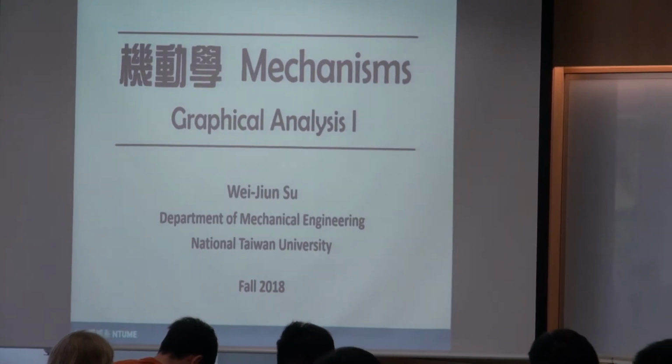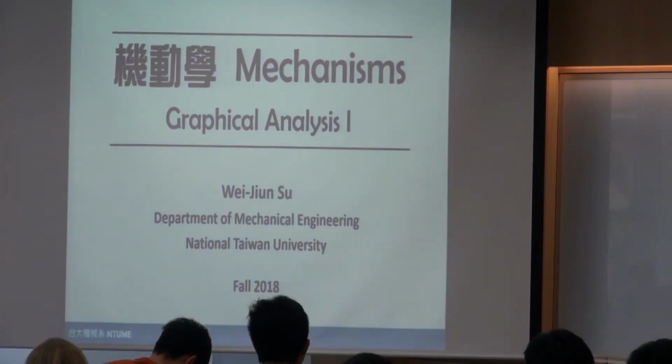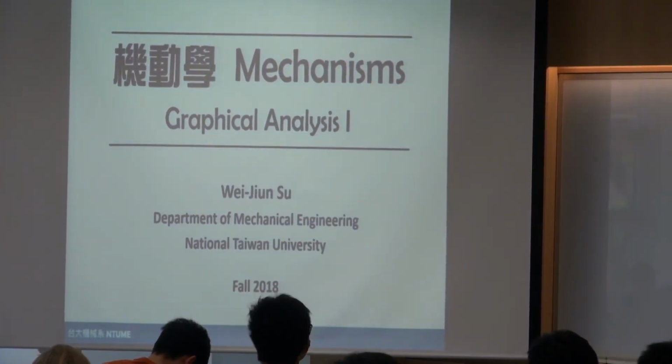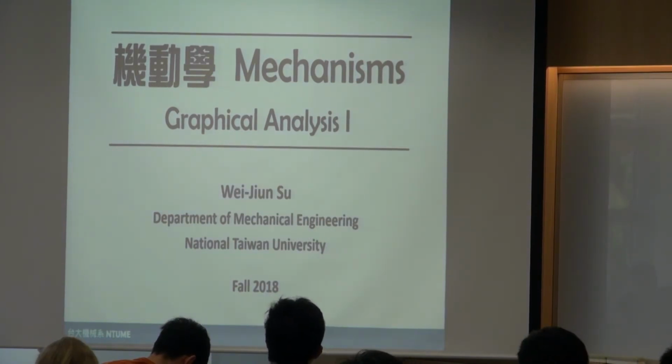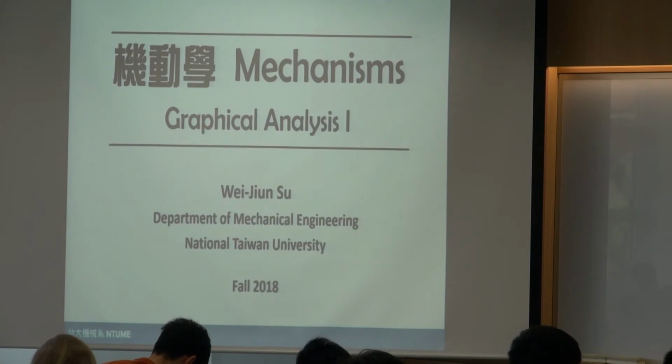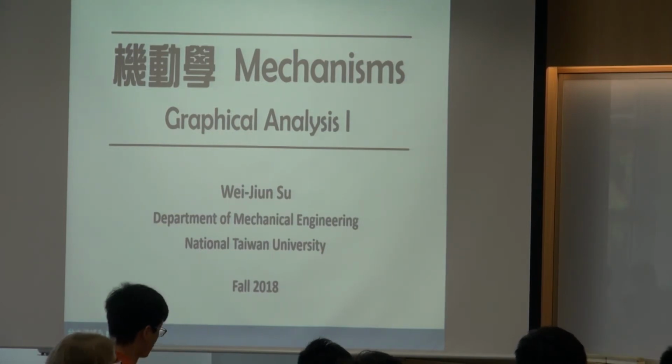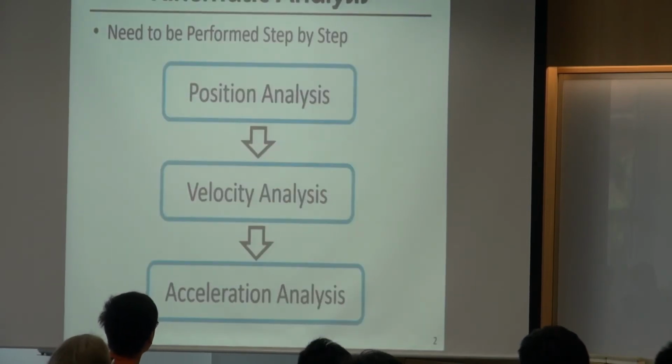So as I mentioned, we'll spend a lot of time on graphical analysis. I separate it into part 1 and part 2. We go with part 1 first. Part 1 is easier, and part 2 is more advanced. So for graphical analysis, what exactly are we going to analyze?